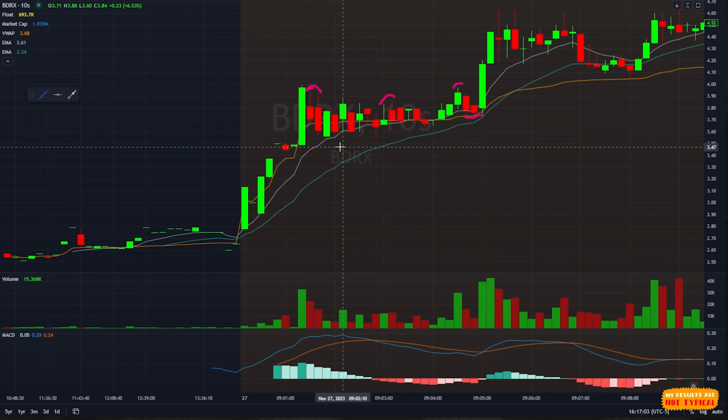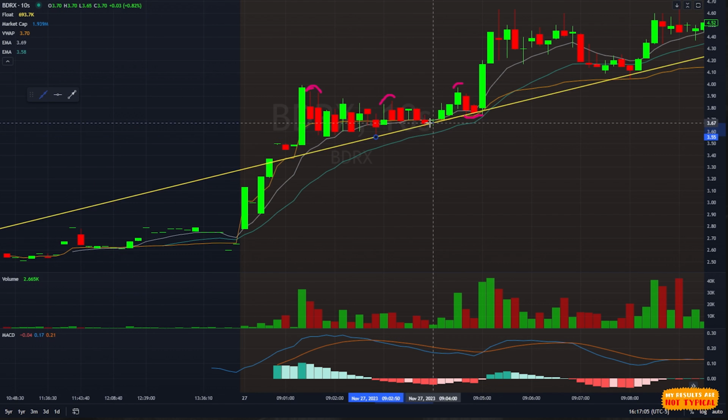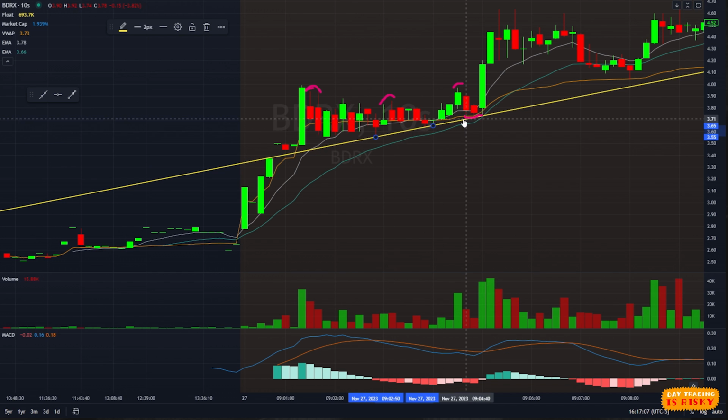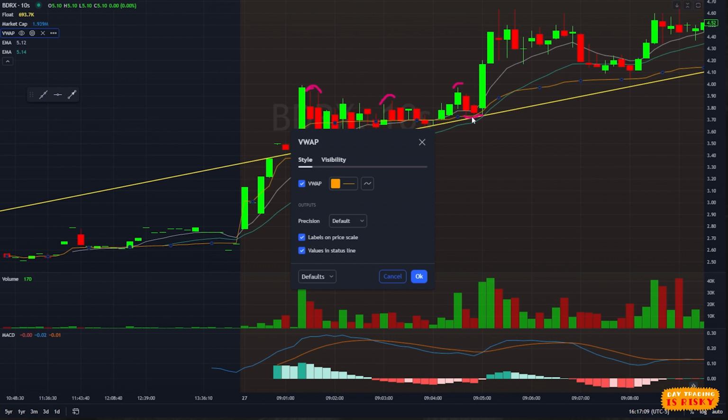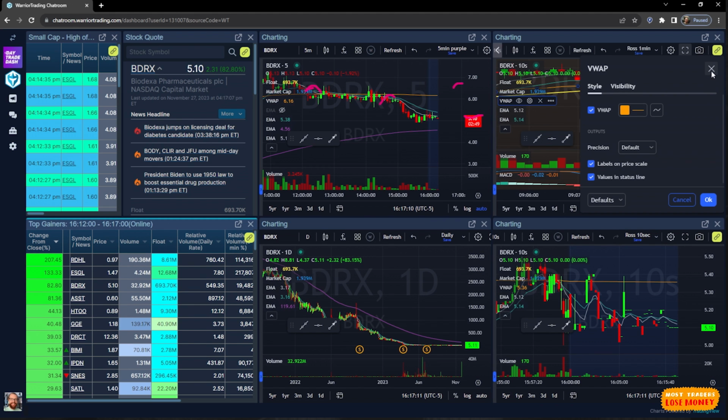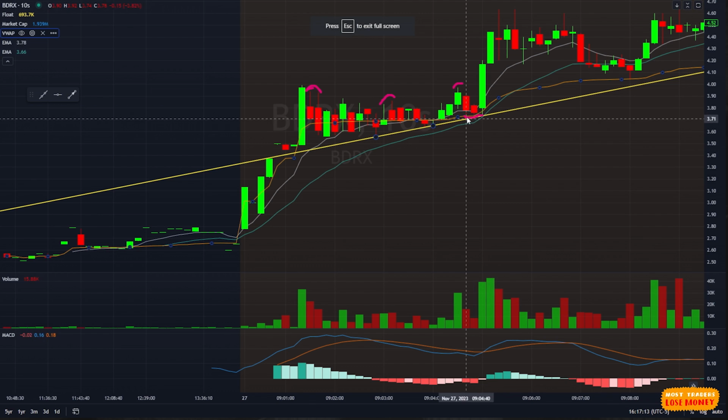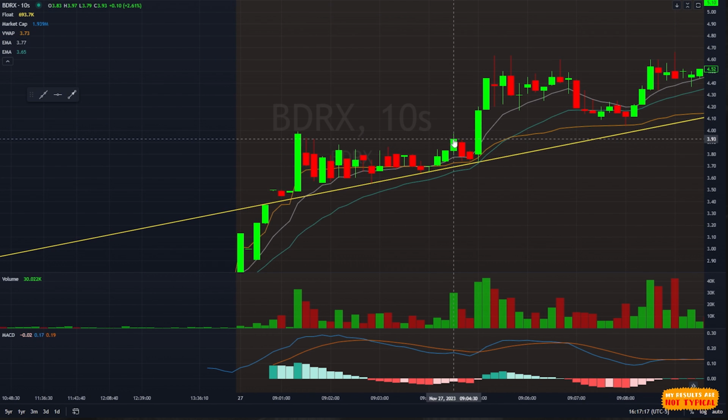One thing we could say is that the stock did appear to be holding this ascending support trend line. Even though it pulled back, it was holding this level of support. It then bursts through that $4 spot with some strength.